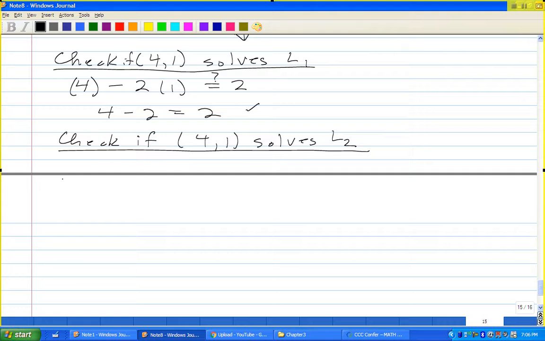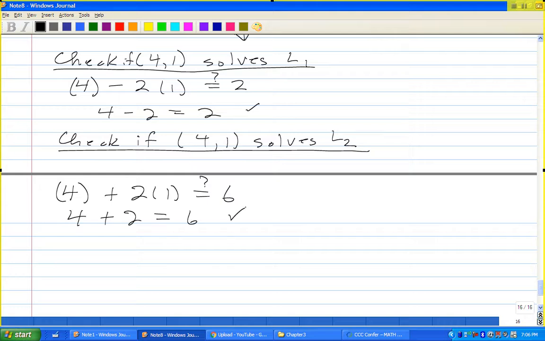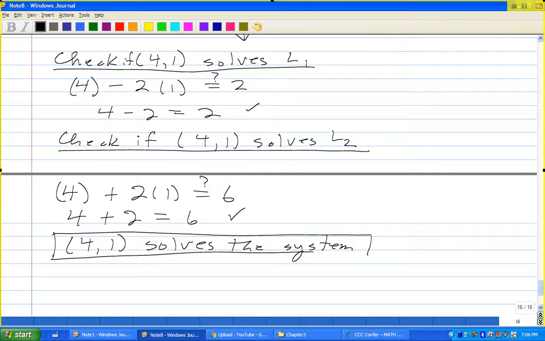And so is x plus 2y equal to 6? Is 4 plus 2 equal to 6? Yes, good. So therefore, the point (4, 1) solves the system. So we have determined the solution to this system of equations.